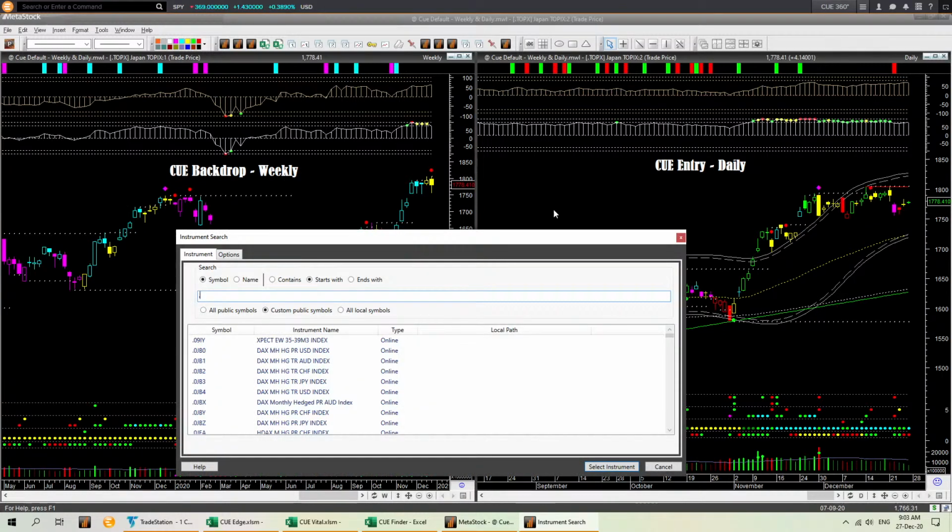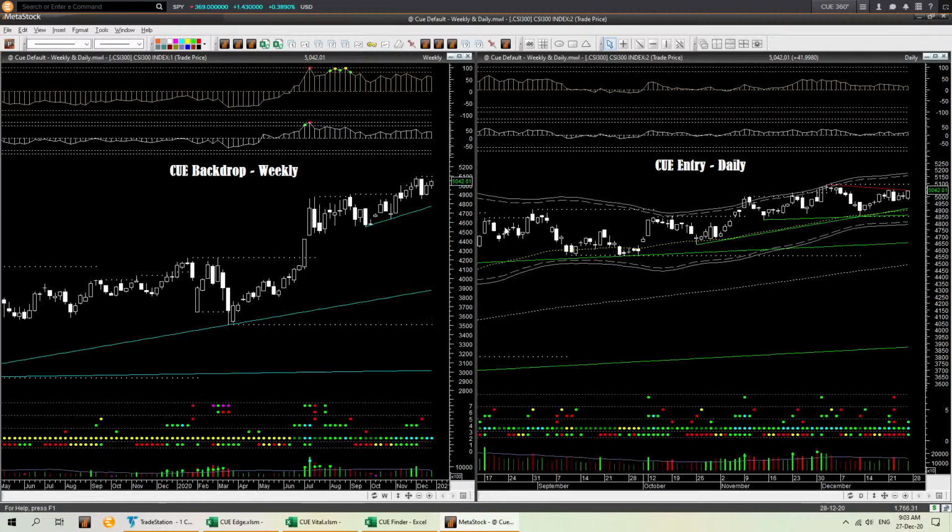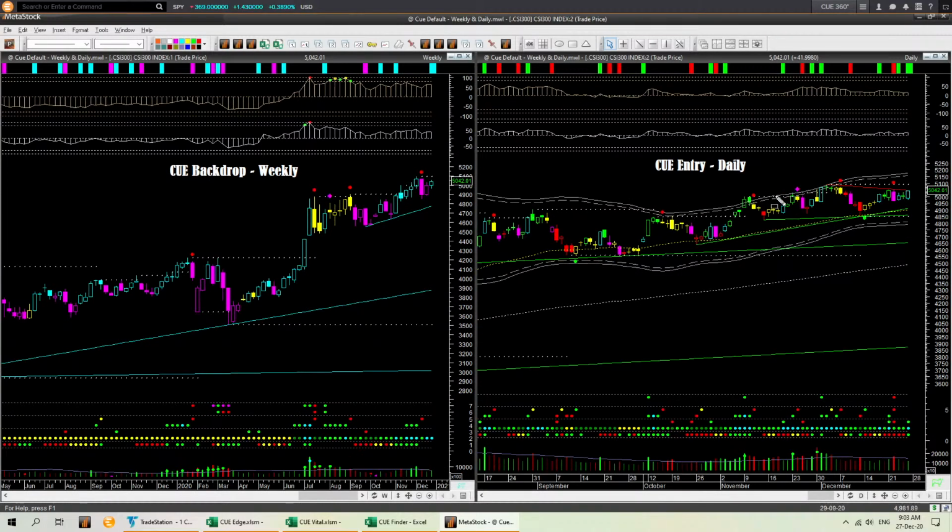Chinese index CSI 300. Again, it is moving sideways. Price is bound by resistance and support memory trend lines. In the weekly, it is moving sideways as well.